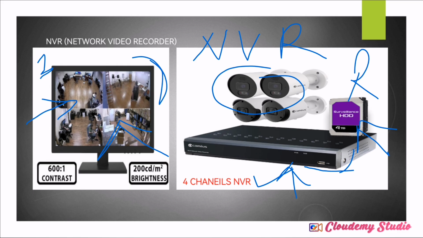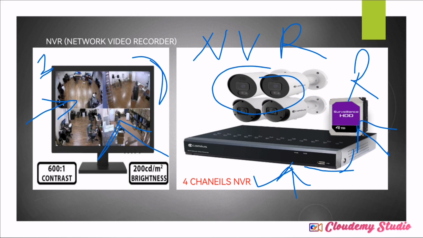Or maybe that person paid, but when keeping records they didn't count it nicely, so they have a shortage of stock or money. So they will do the playback in order to check what really happened. That's the main reason why this hard drive is supposed to be in this NVR.